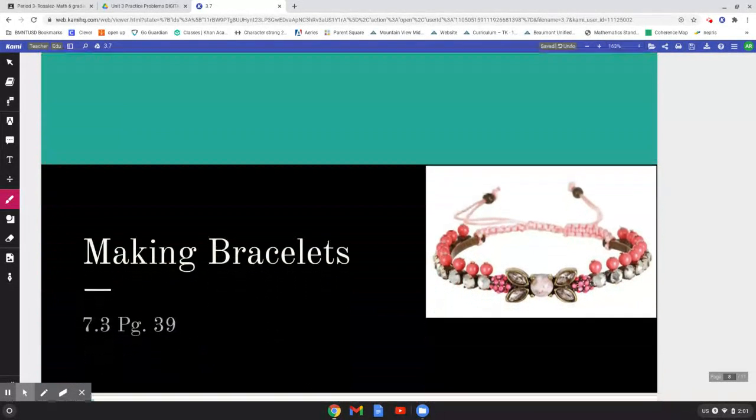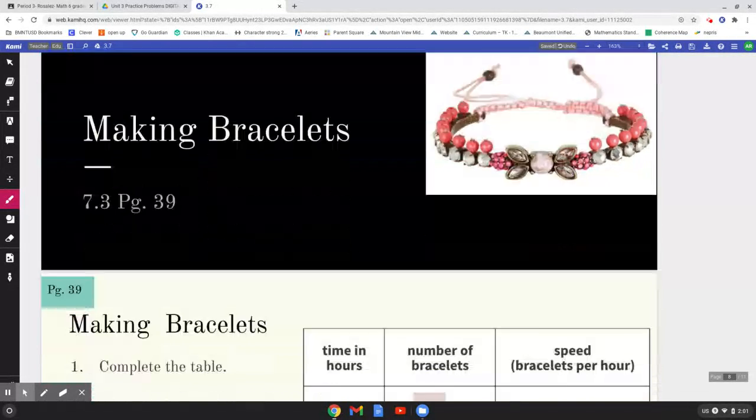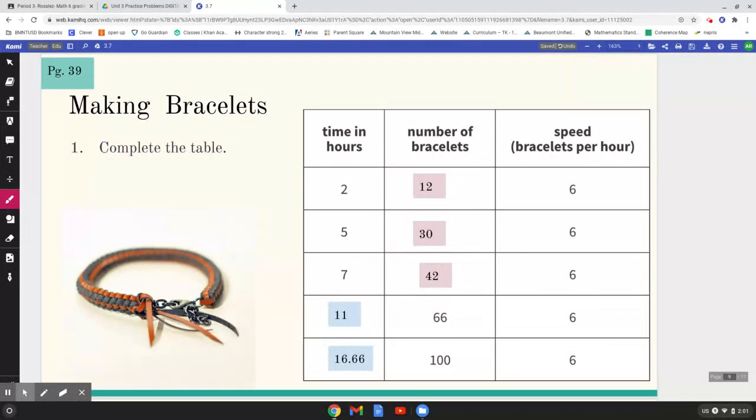Next you're going to move to page 39, and we're talking about making bracelets. Complete the table. If the rate is 6 bracelets per hour, we're finding out, in 2 hours, how many bracelets can they make? 2 times 6 makes 12.